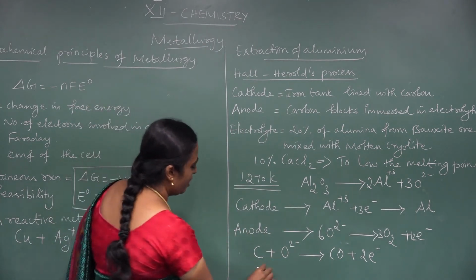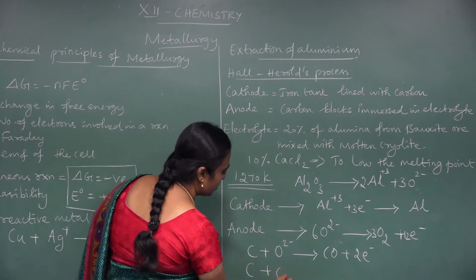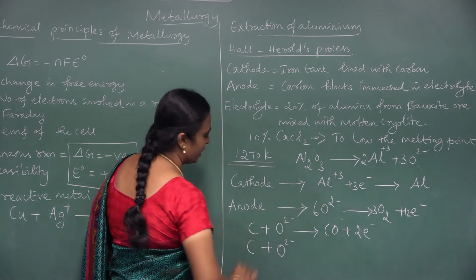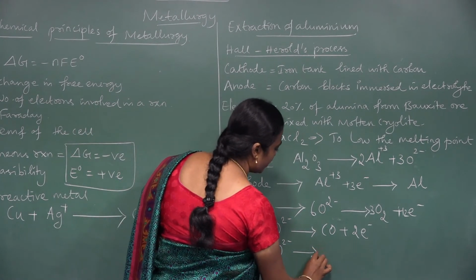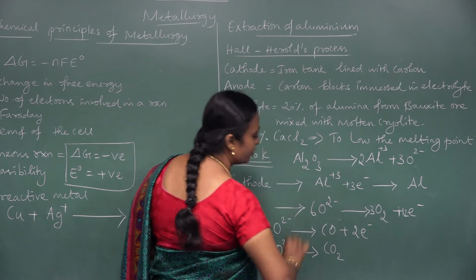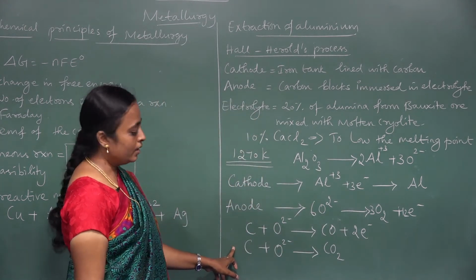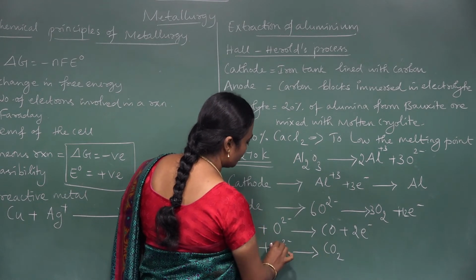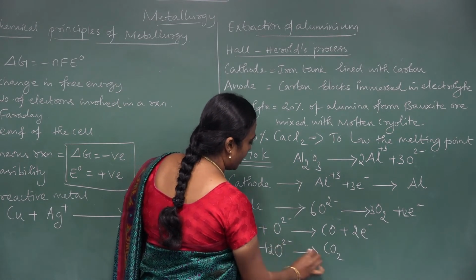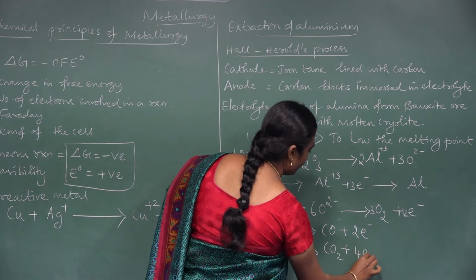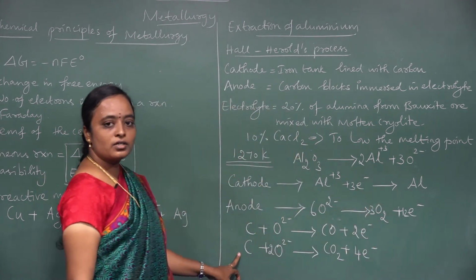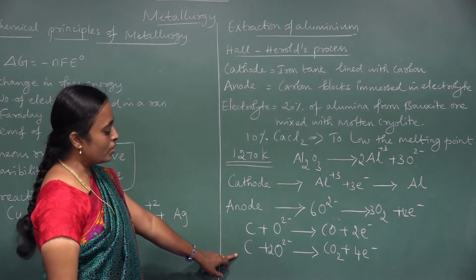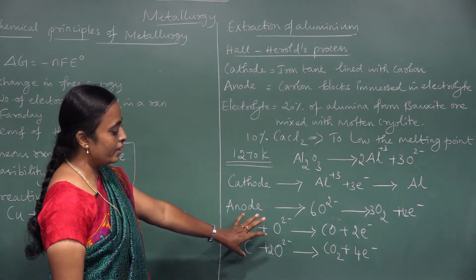In the same way, with O2-, we are going to get carbon dioxide as a product. Okay, carbon dioxide, CO2. So if I put 2, there will be liberation of 4 electrons. So here also, at the anode oxidation there will be liberation of electrons.